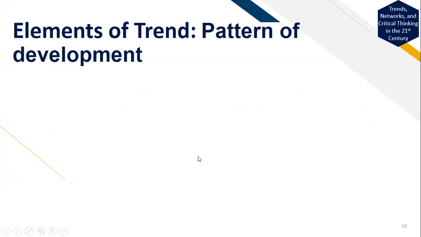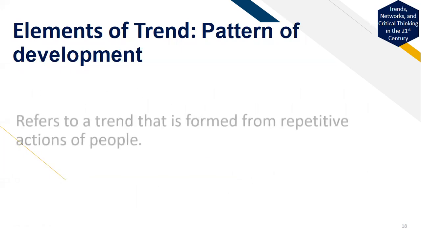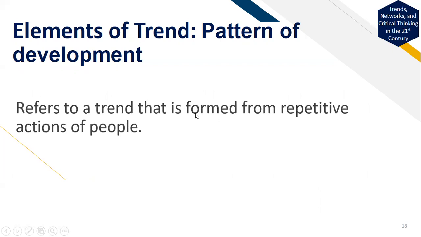Okay? So next, elements of a trend when it comes to pattern of development. So this refers to a trend that is formed from a repetitive actions of people. So in a nutshell, pag sinabi nating pattern of development, a trend is formed from repetitive actions of certain individuals. Okay?